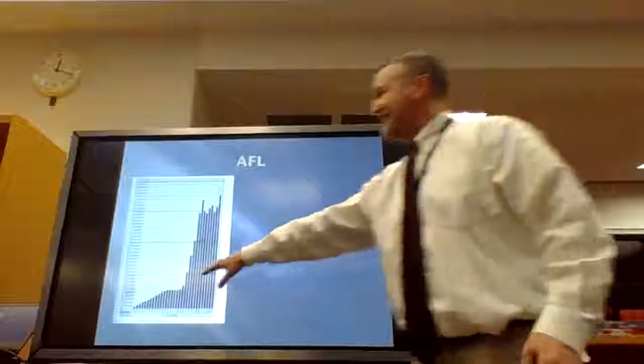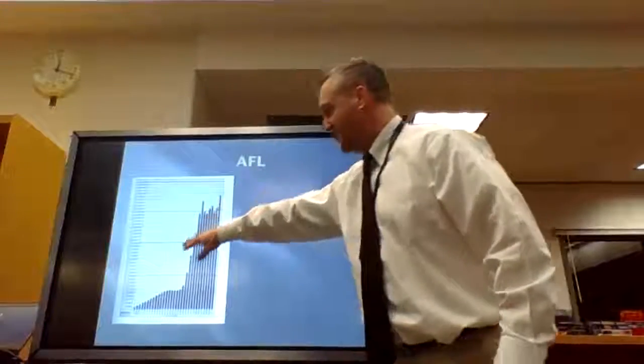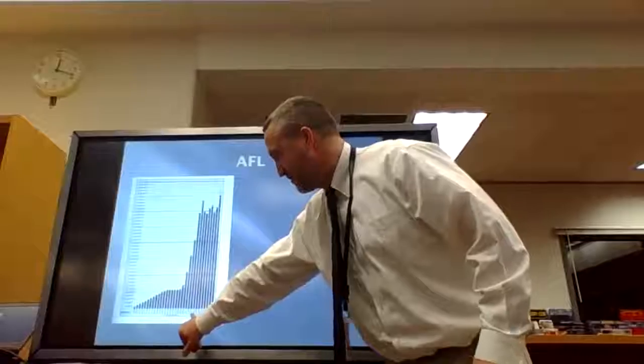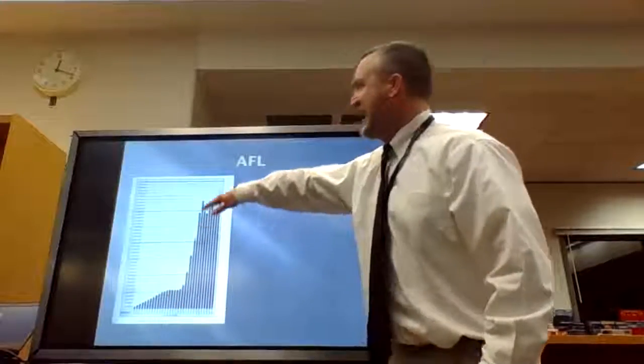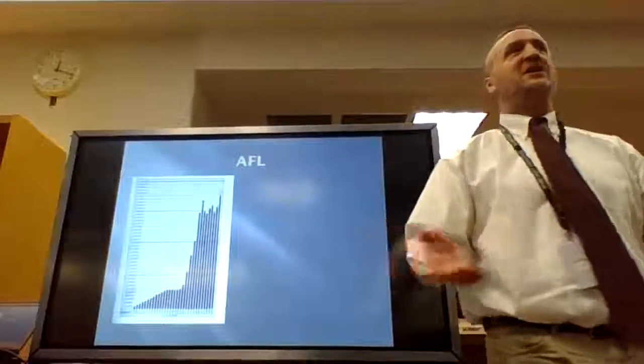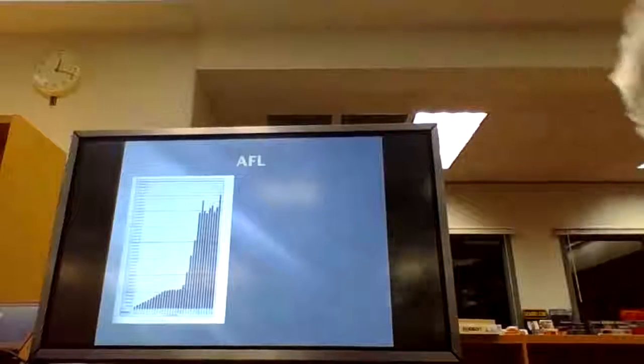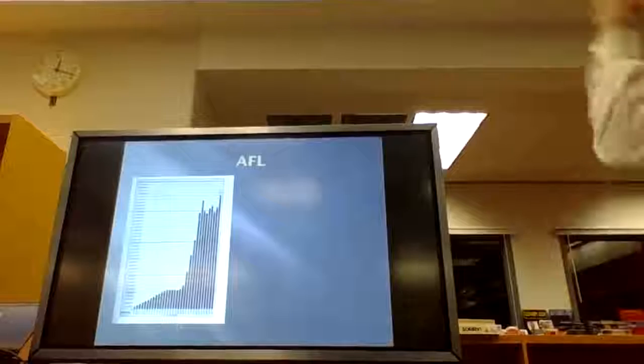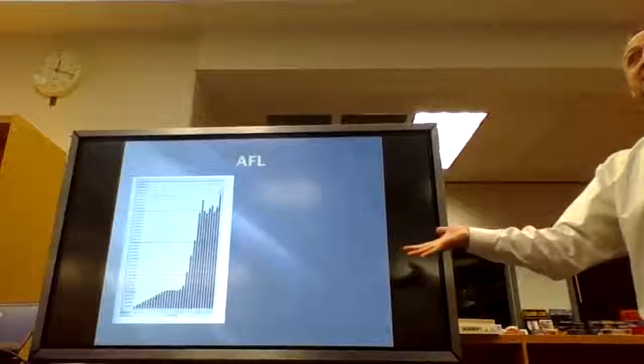And the skyrocketing membership in the American Federation of Labor, this is 1900, 1901, 1902, 3, 4. Just the skyrocketing membership because unions got better pay, safer working conditions, a dental plan, weekends, shorter working days.